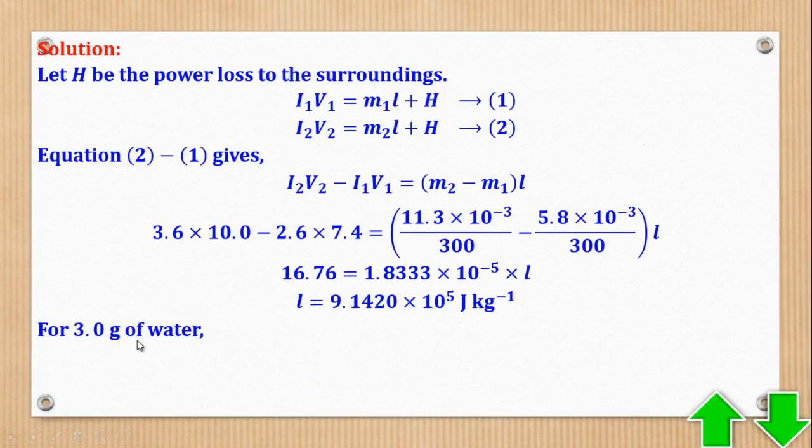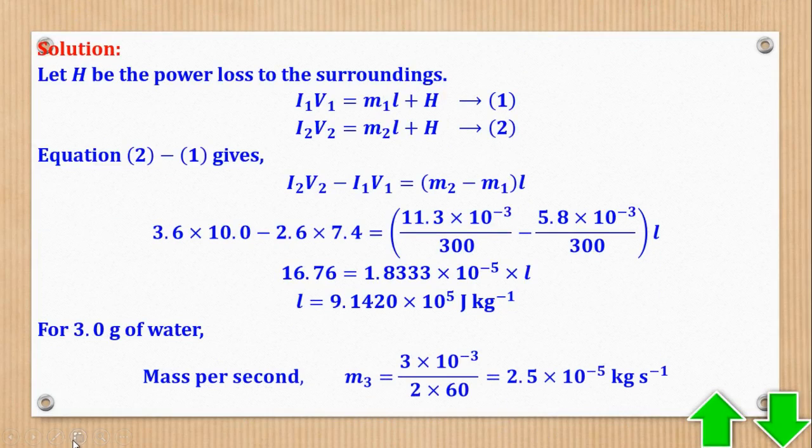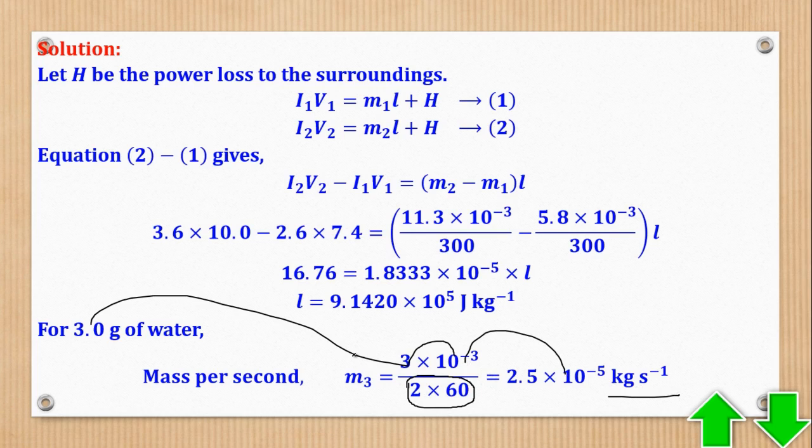So for 3 grams of water, it implies that the mass per second will be 3 grams converted to kilograms to give you that, then divided by the 2 minutes, with the 1 per second. To convert 2 minutes to seconds, you multiply by 60. So it gives you this kilograms per second. That is mass per second. Okay.